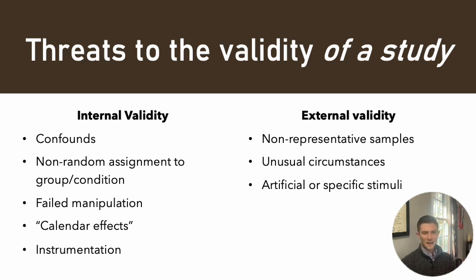It's like, how much hot sauce are you going to put in this person's drink? And that's the measure of aggression. You might think that's just this weird artificial thing that the ethics board at your university will allow you to do, but it's not really what aggression looks like out in the real world. That would be a threat to the external validity or generalizability of findings from a study.